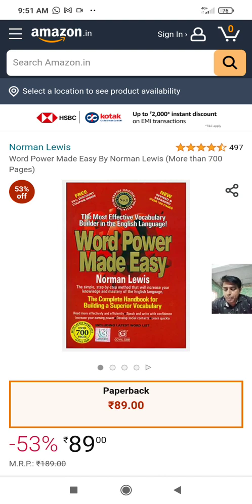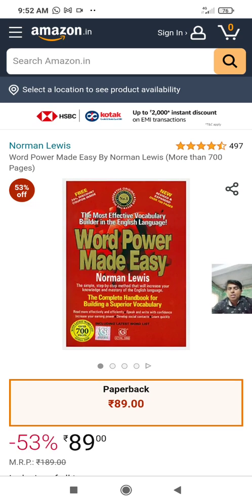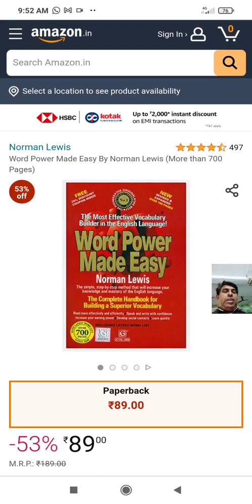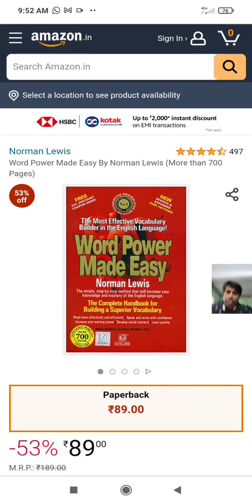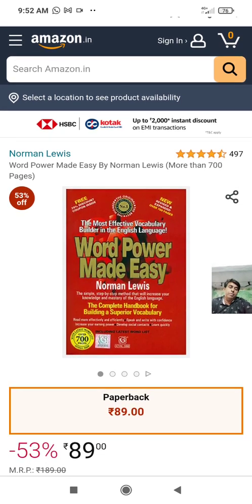Using proper precautions, this weakness is not disabling. The general use of this grading system will prove profitable to the seller and the buyer alike. Oh my God, these advisory committees give excellent quotations. I like this very much.